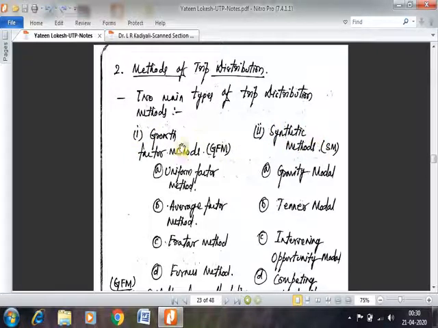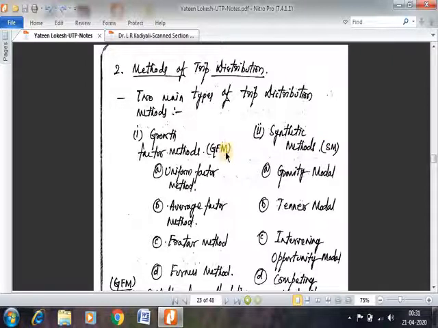If you remember clearly, we had discussed the various forms of growth factor methods and also the various methods available under synthetic methods. In short, the growth factor method is termed GFM, and synthetic methods are termed SM.